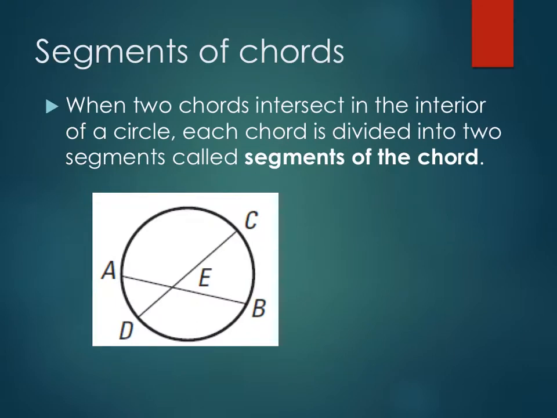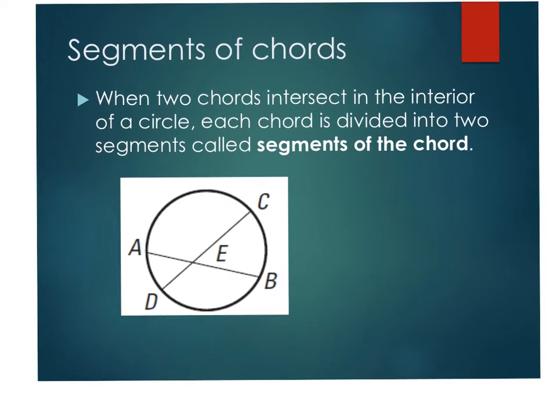So here is our first thing, and it's segments of chords. When two chords intersect in the interior of a circle, each chord is divided into two segments called segments of the chord. So here are our chords.